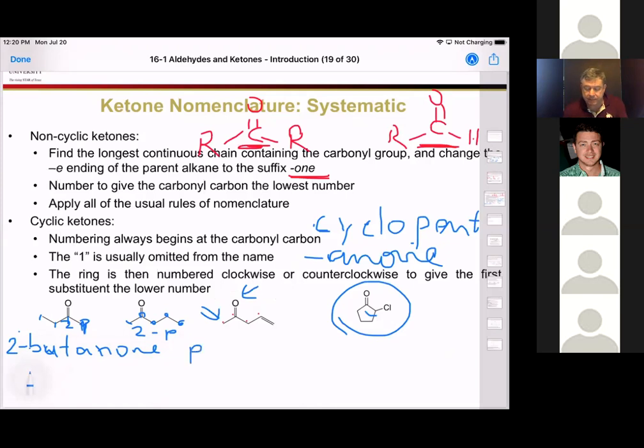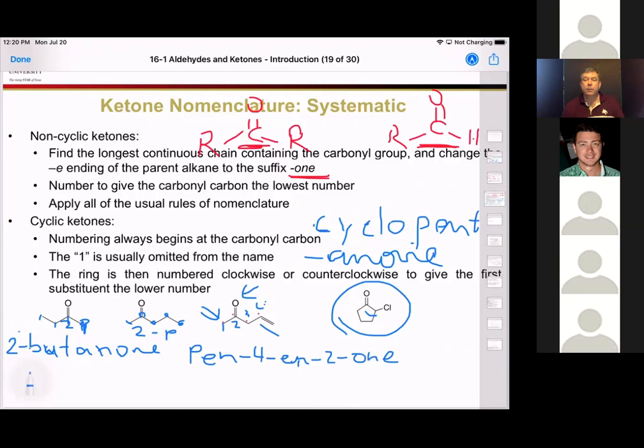So we have penta for having 5 carbons. But now we have to tell where that alkene is. If we're labeling from here 1, 2, so that the ketone is at the lowest number, that means we have 3, 4 is the first carbon in our double bond, which gives us a 4-ene, saying that we have a carbon-carbon double bond, and then labeling where the ketone is, 2-one.